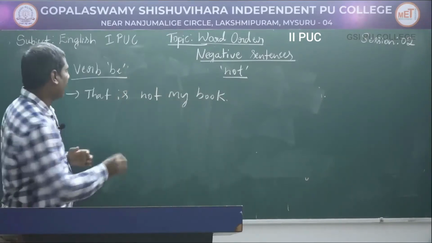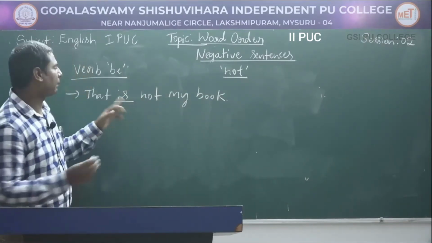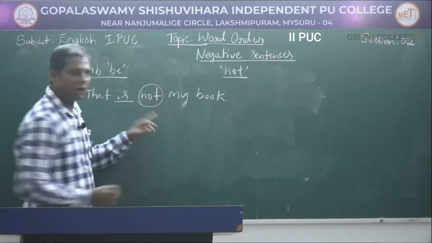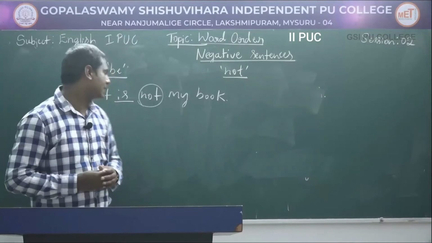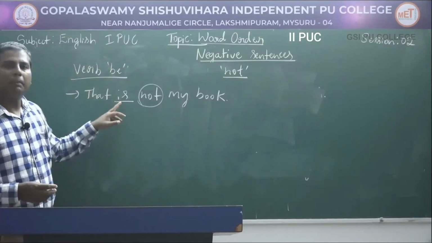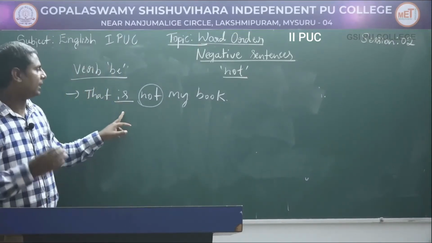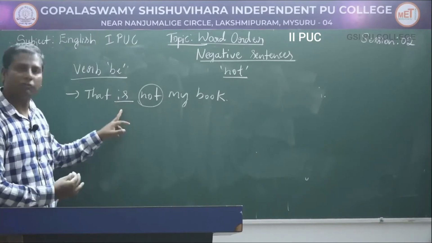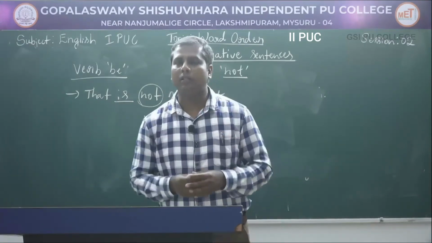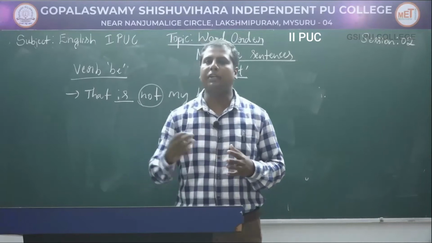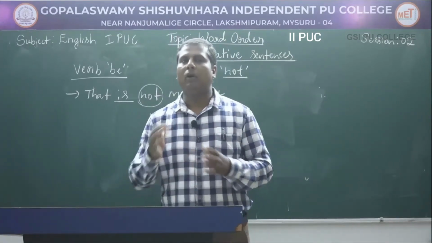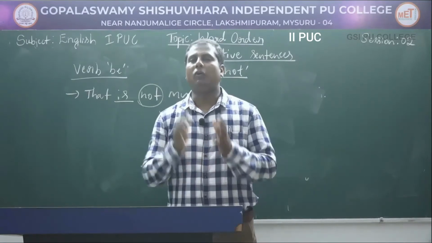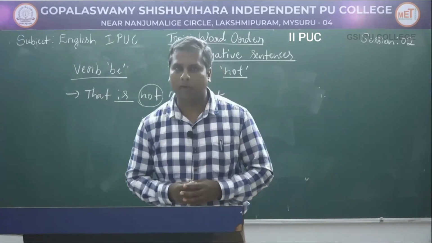The verb be is placed before the word not. And one more important thing we need to understand here is that the verb be is used as the main verb. So the word not can be added immediately after a primary auxiliary verb or a modal verb followed by the base form of the main verb.